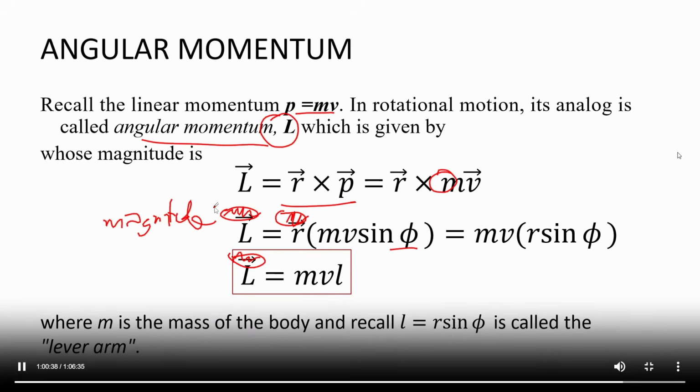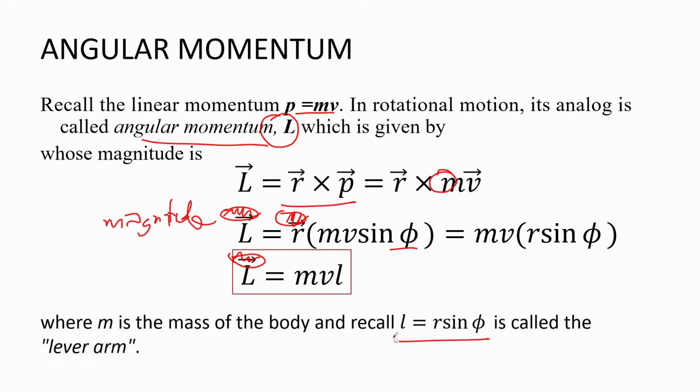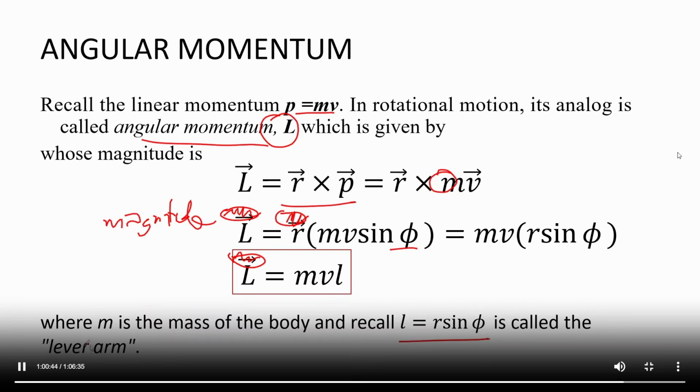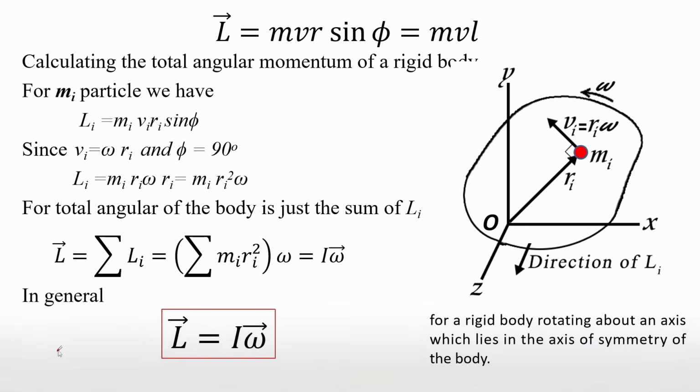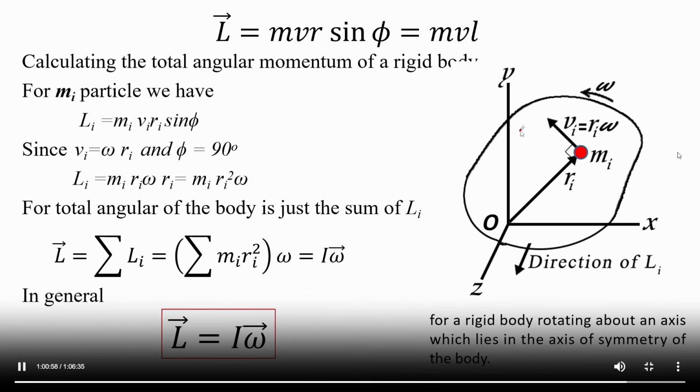Okay. Where m is the mass of the body and l is R sine phi, the moment arm, or the lever arm. So that means this L is just like the one for torque. For this case, we have mass m_i, length r_i, and velocity v_i. Again, using the right hand rule, let's see how that looks. We have r_i and v_i, and this is the angle between them. So this one would curl here and point outward using the right hand rule, so it's out of the page.